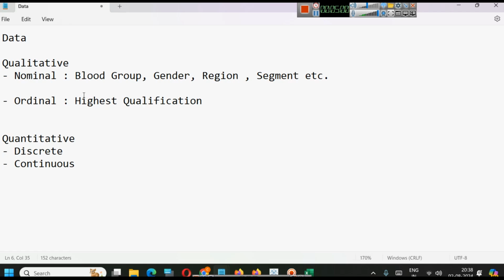So there are only a finite number of classes available in trains, but they also have an order. Like first AC is a lot costlier than third AC or sleeper, right? So I'm writing train class. Same goes for flights also, same goes for ships, cruise and ships.